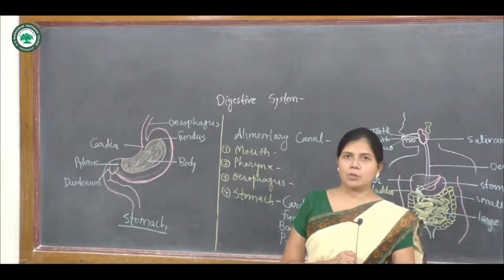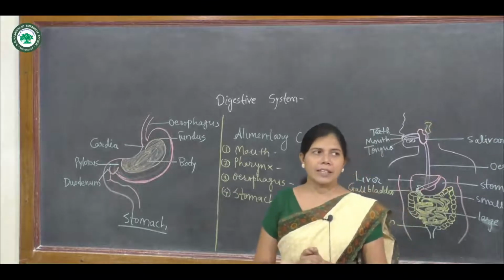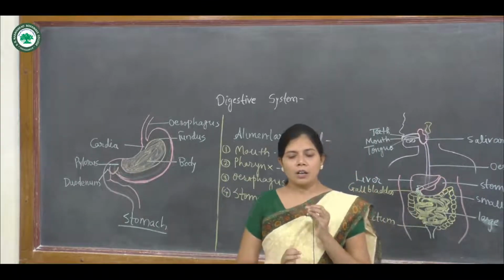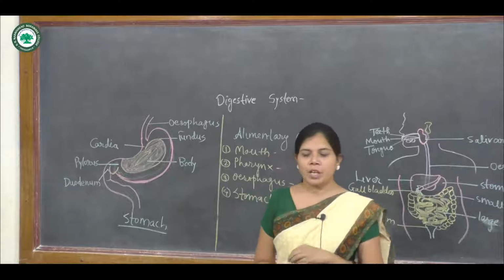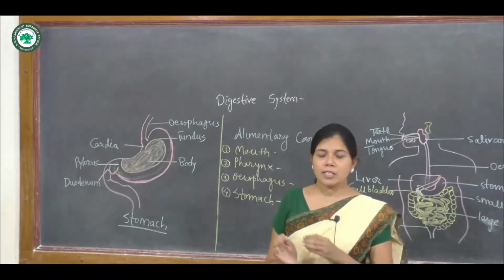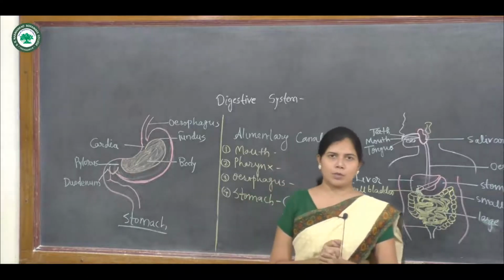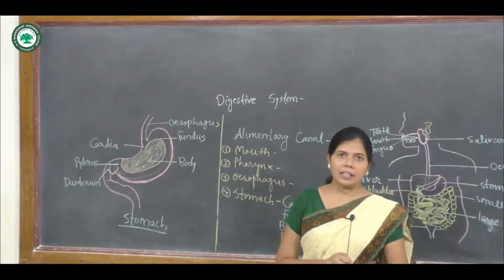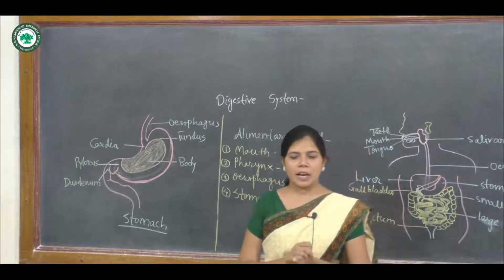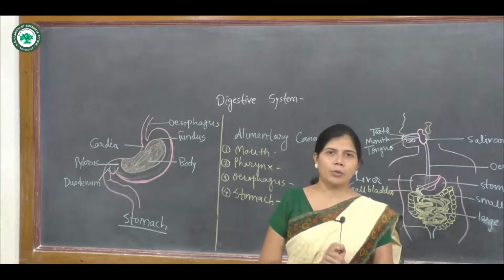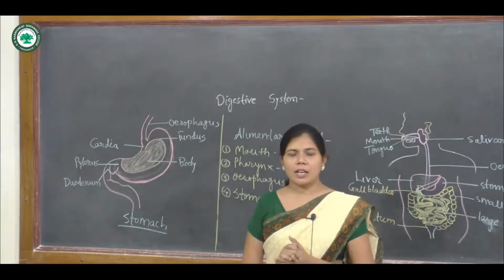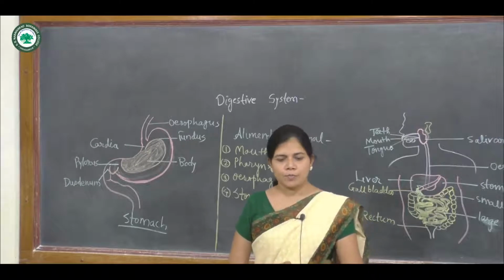The stomach temporarily stores the food and gives the feeling of satiety. It churns the food and helps in mixing the food with the gastric juice. The gastric juice is secreted by the gastric glands, and the food is mixed with that gastric juice.